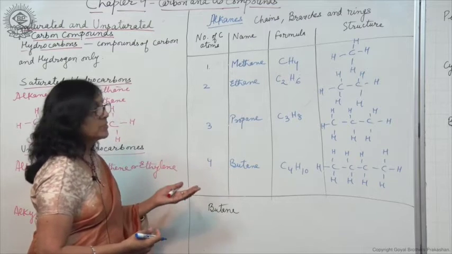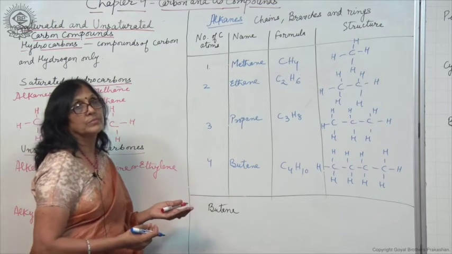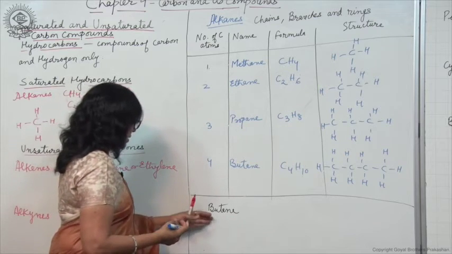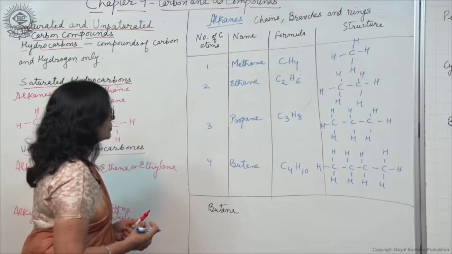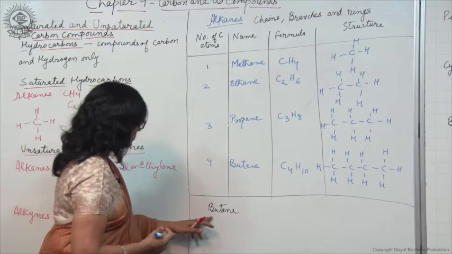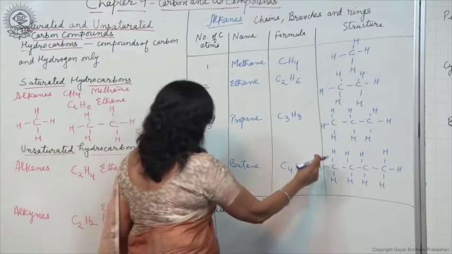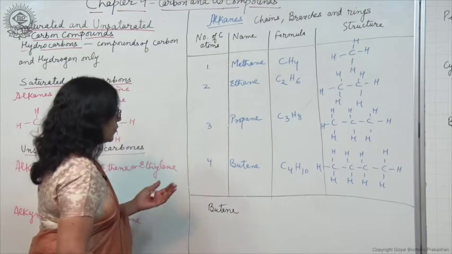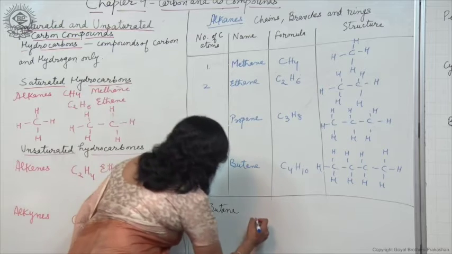So, let us discuss some of the cases in which carbon forms a branched chain. Let us take the case of butane. Already we have seen the butane structure, the straight chain. Now, if it forms a branch, let us see what happens.